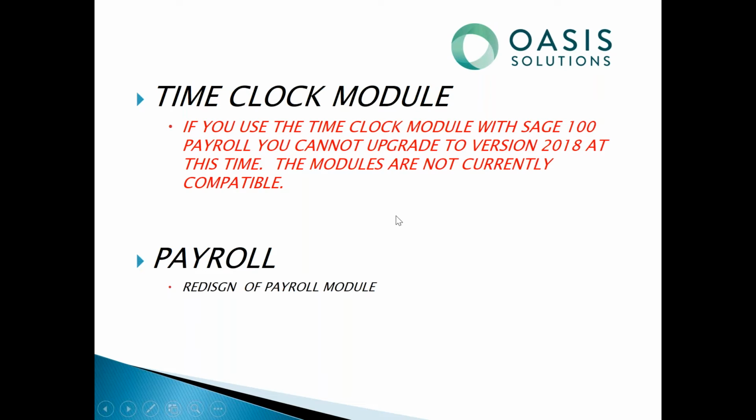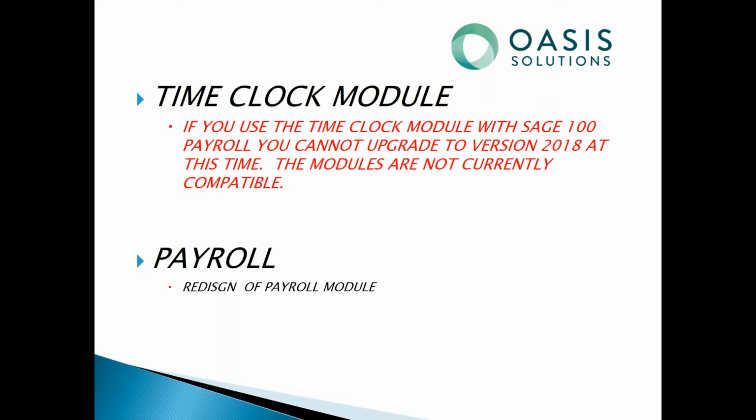Okay. So one thing that also, for any of you out there that are users of the Payroll module, if you also have the Sage 100 Time Clock module, actually I believe it's Time Card module, I think I mistyped there. It is not yet compatible with the new Payroll version.